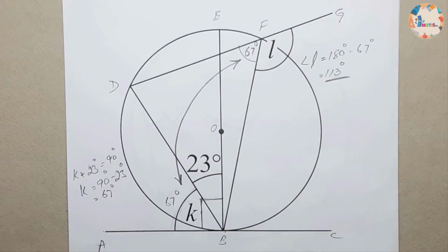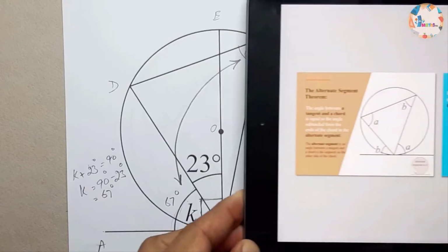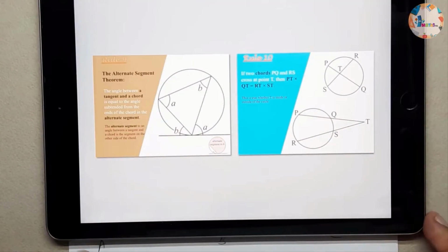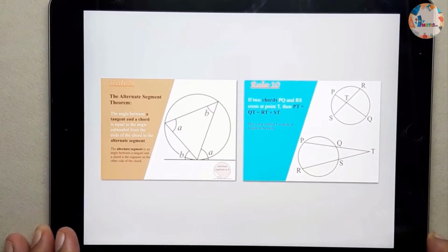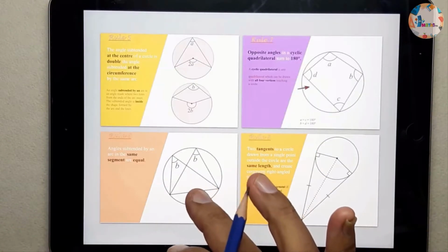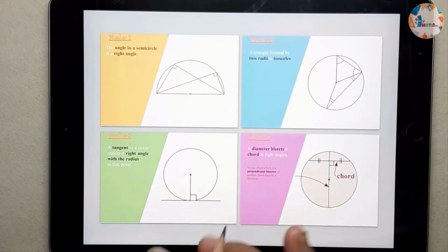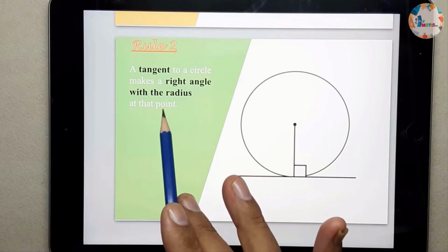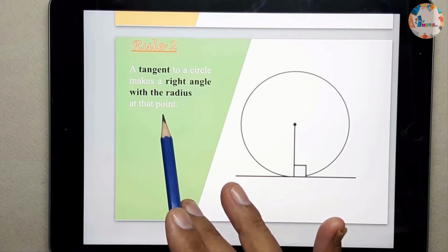The two rules which we have utilized, we will have to mention in the justification part. Number one, this rule: a tangent to a circle makes a right angle with the radius at that point.